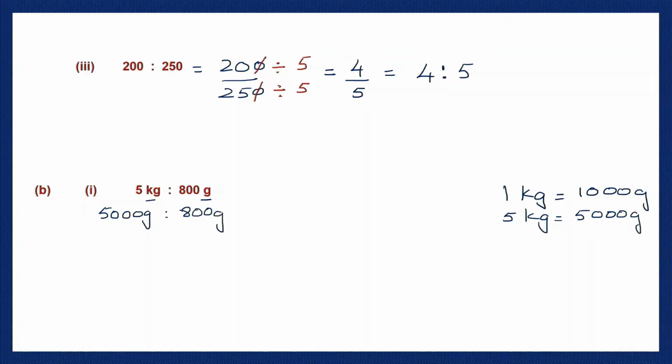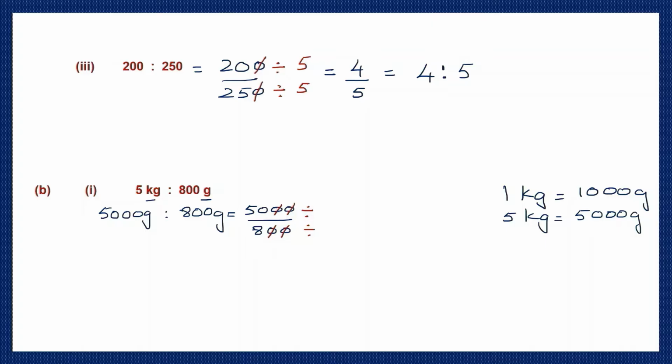So now let's continue and write the steps. So here first step will be writing both these numbers as a fraction. So 5000 by 800. Now let's cancel what we can. 1 0 on top, 1 0 down. So now our numbers are 50/8. Again, to reduce it to the lowest term, reduce it by a common factor.